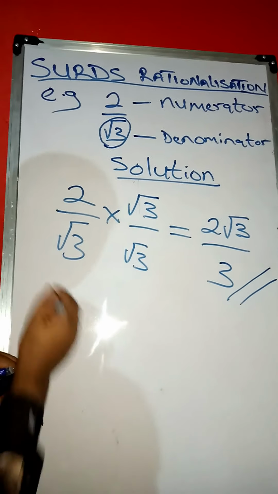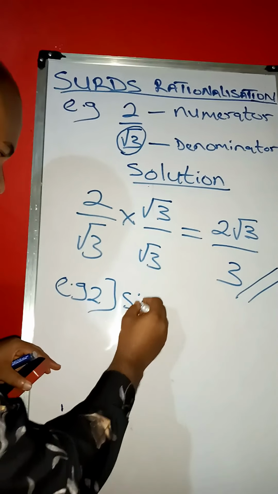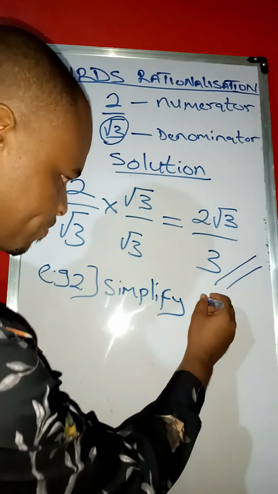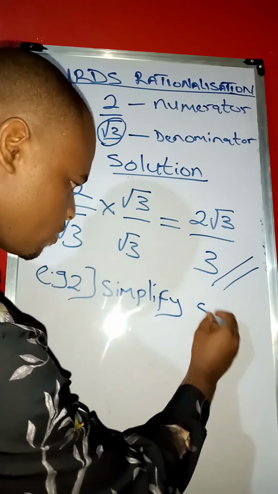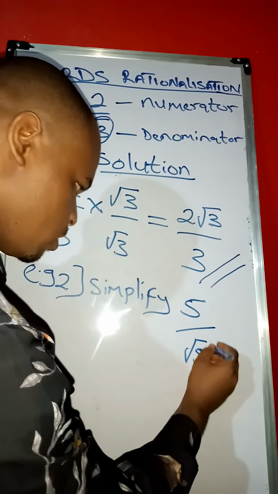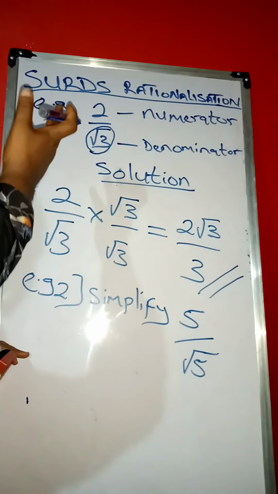Let's take another example. Example 2. Simplify 5 over root 5. Now this is also very simple, like what we did before.